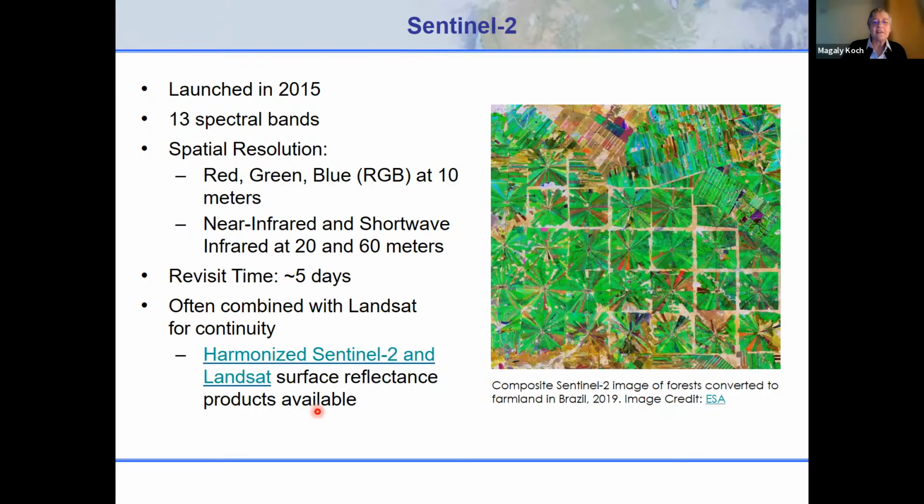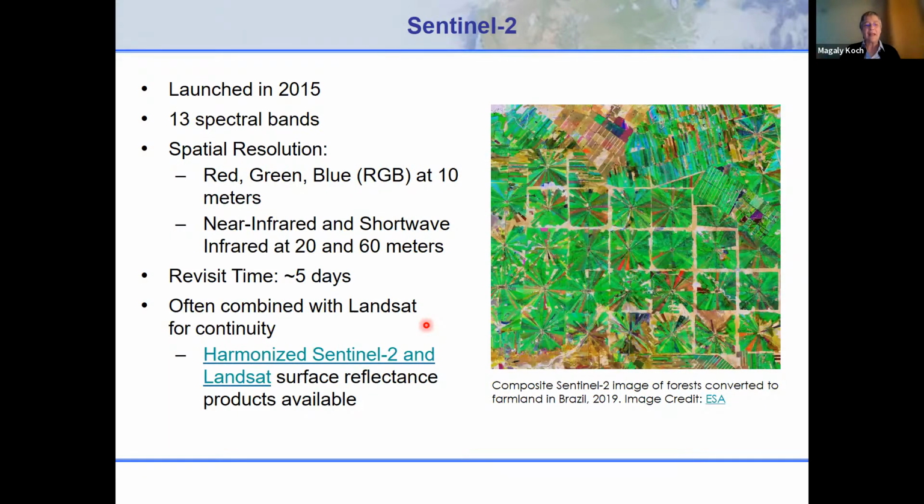It is in a way similar to Landsat, but it has some characteristics that are different. What they're trying with these newer satellite systems is to design them in such a way that they can be used and combined with other satellite systems. For example, Sentinel-2 and Landsat.